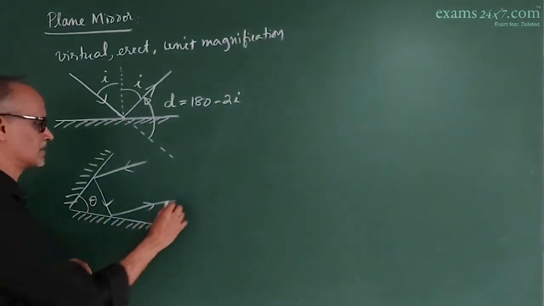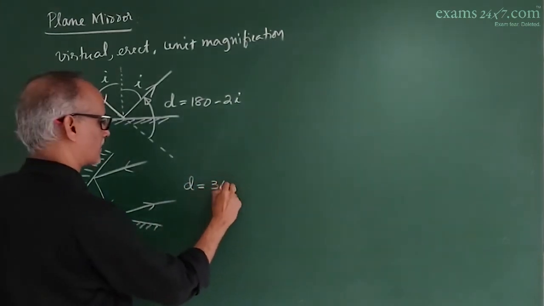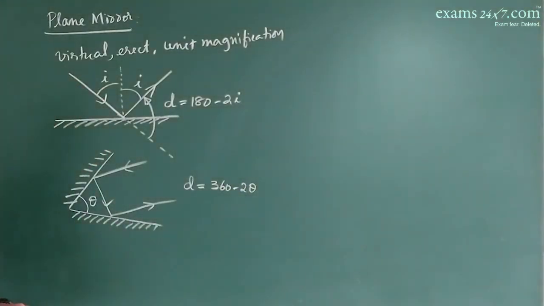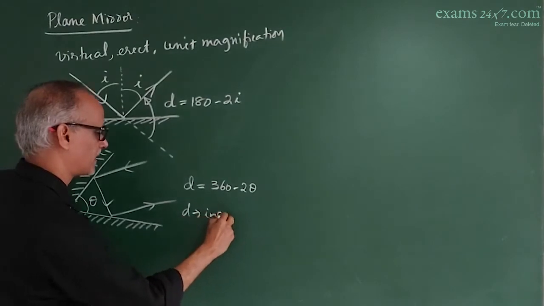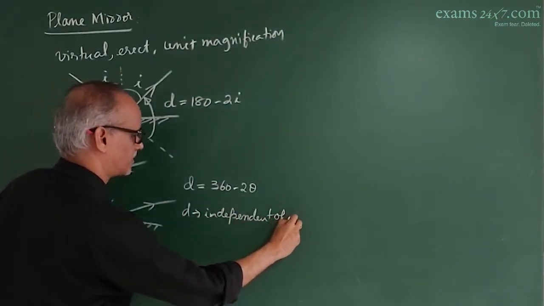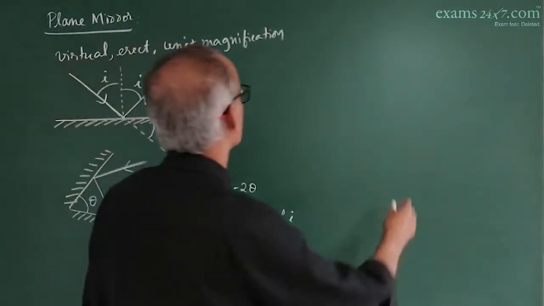Now, in this case, the net deviation d is equal to 360 minus 2 theta. And here the deviation d is independent of the angle of incidence. It is independent of i, which is the angle of incidence.